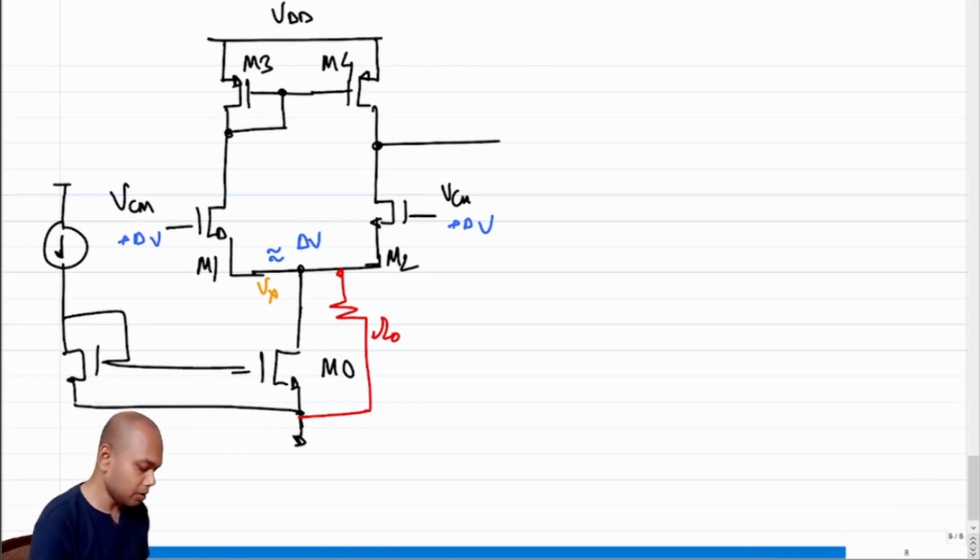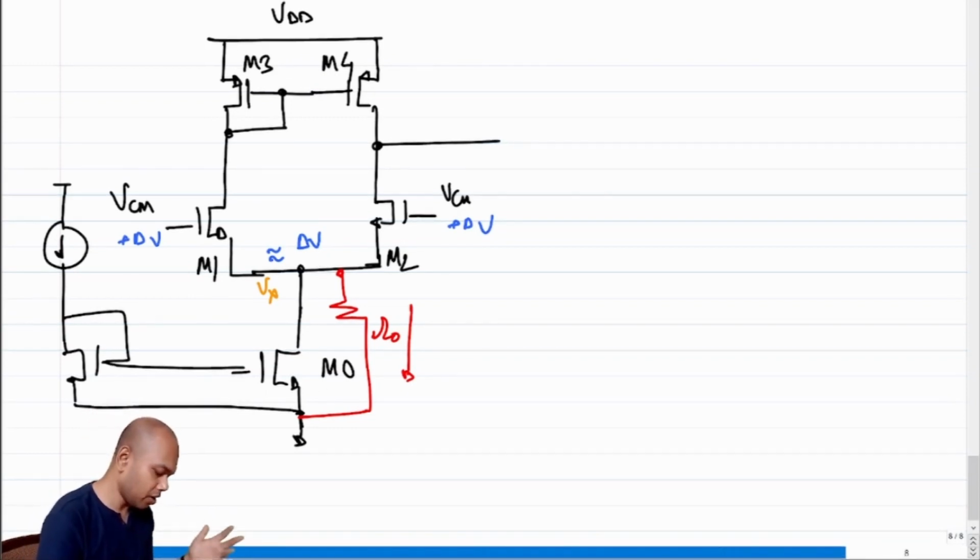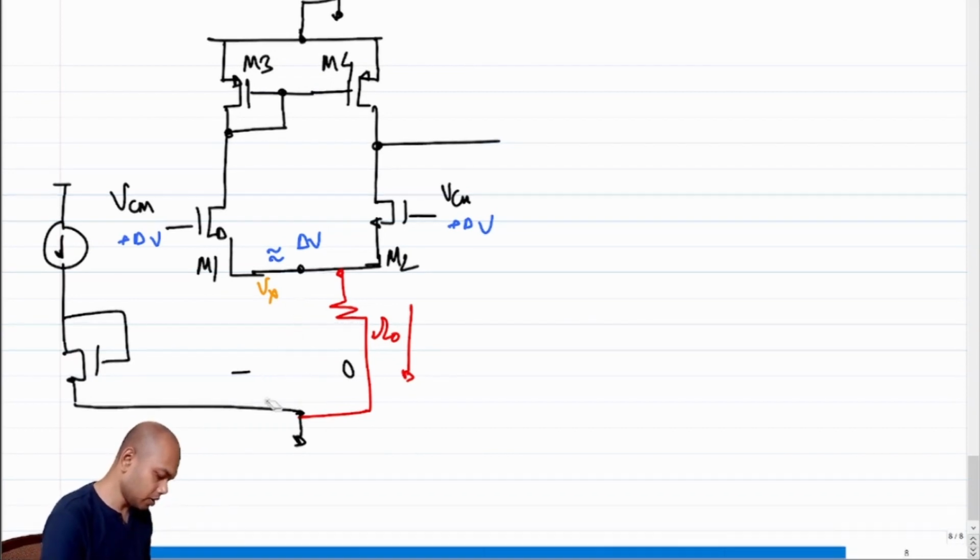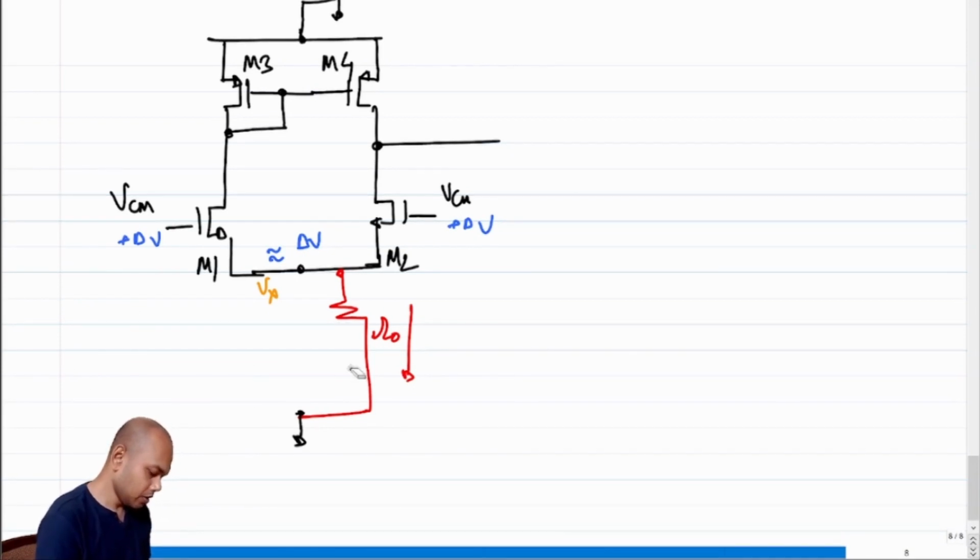So if that is approximately delta V, what is the current through R0? Since we are doing common mode excitation now, I can as well get rid of M0 and all these things, since we are doing incremental analysis. So what is the current through R0?